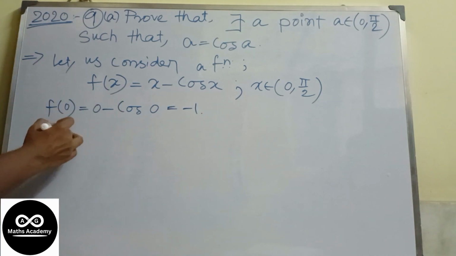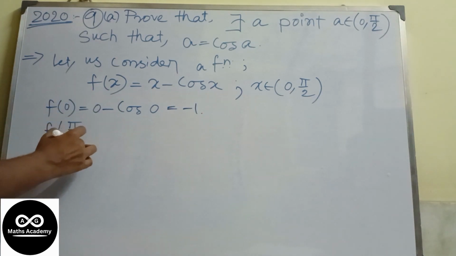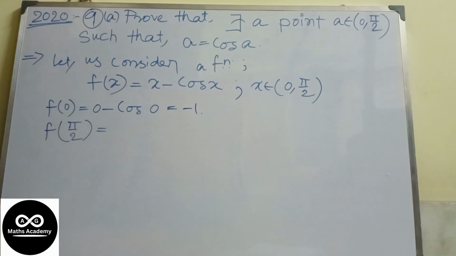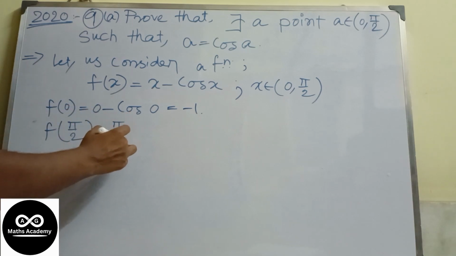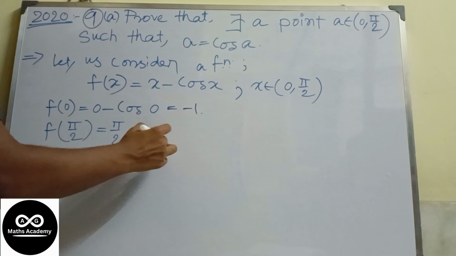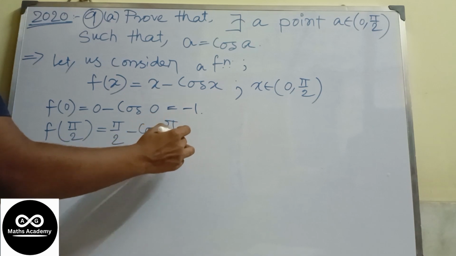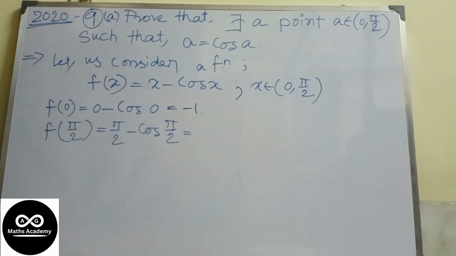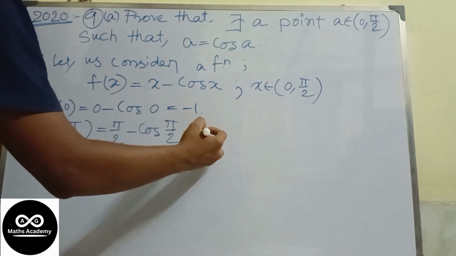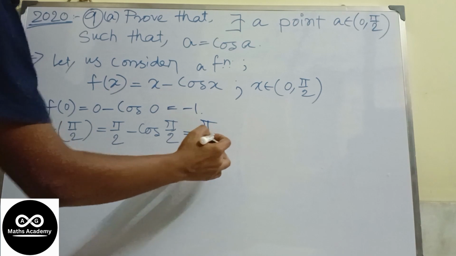Now what will be the value of f(pi by 2)? This will be pi by 2 minus cos of pi by 2, which is pi by 2 minus 0, so this will be pi by 2.